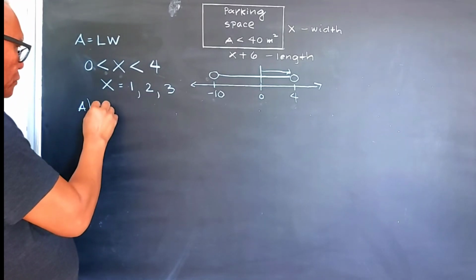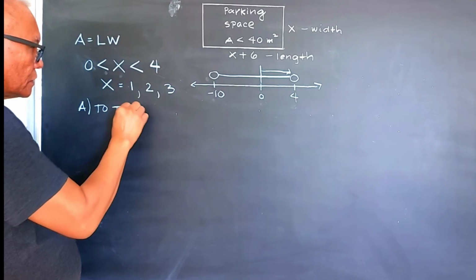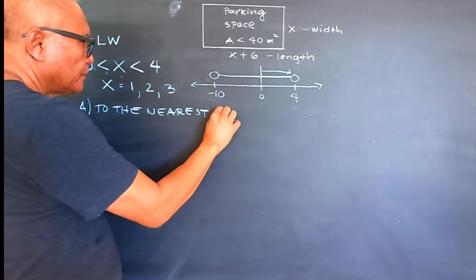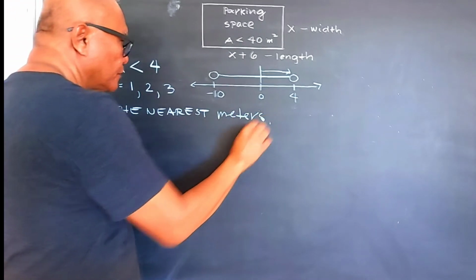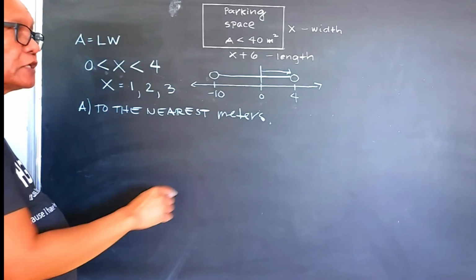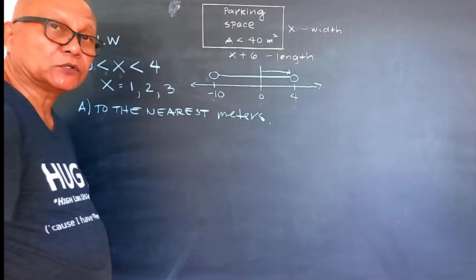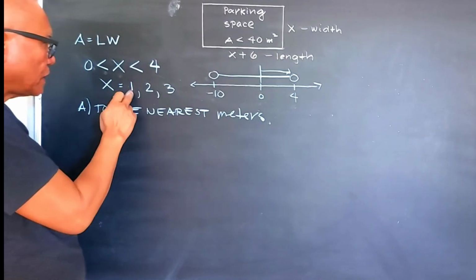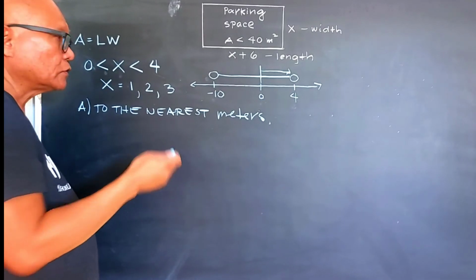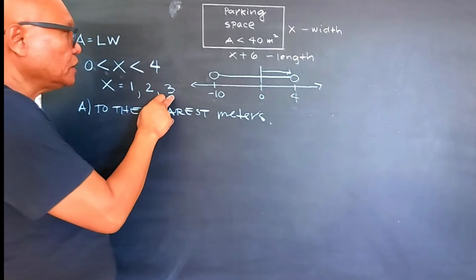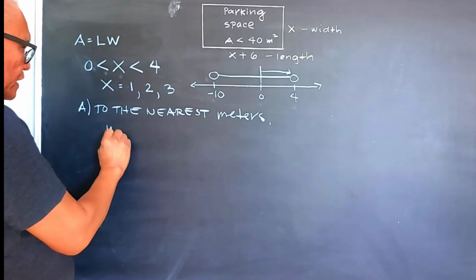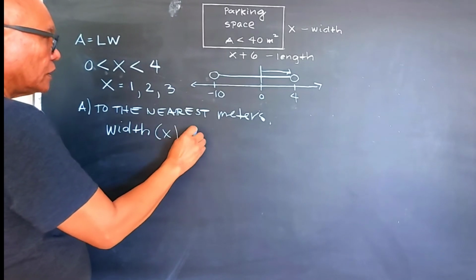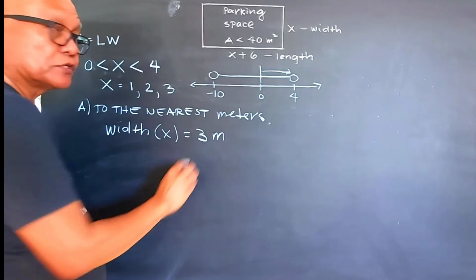So let's check to the nearest meters. We cannot choose the 4 because 4 is not included. So we choose a number that is less than 4, not the 1 because 1 is too small, 2 in between. So we choose the 3 meters here. So the width, which is x, is now equal to 3 meters.